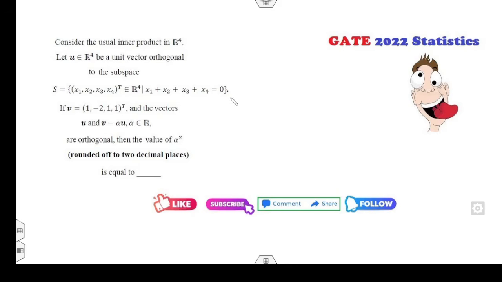Okay, look at the next one. Consider the usual inner product. What is the meaning of the usual inner product of R4?